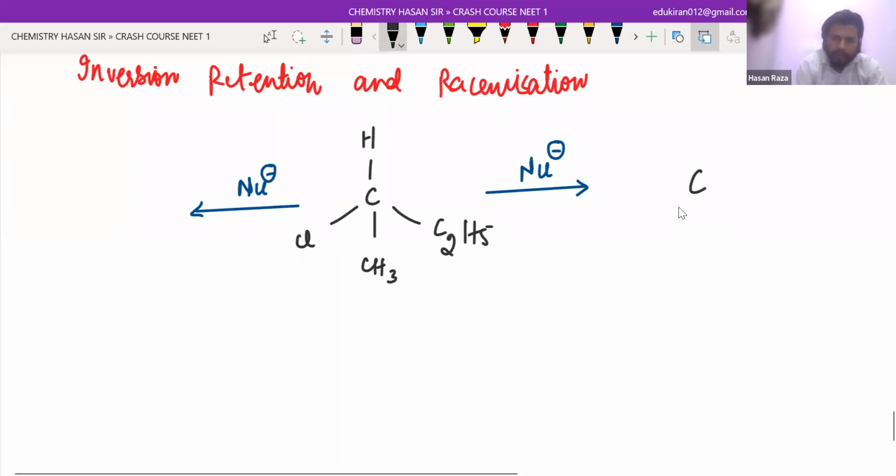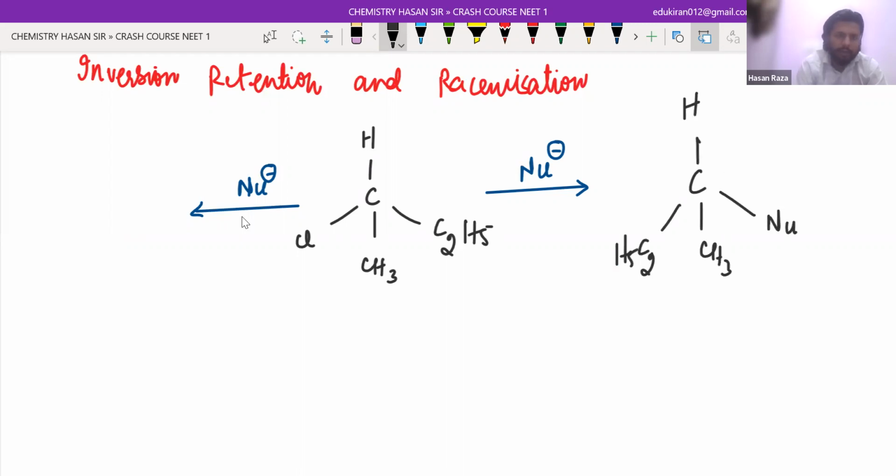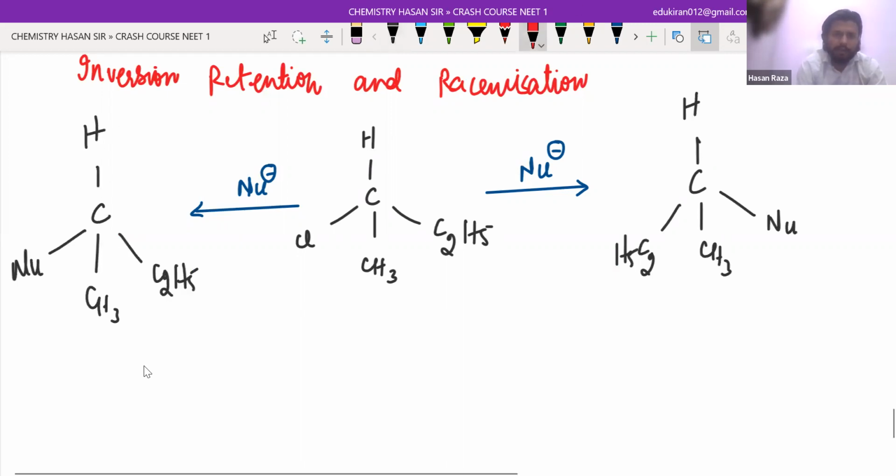Let me just write it: C2H5, then CH3, then your nucleophile, and then hydrogen. There is another probability, that is carbon, and nucleophile is here, CH3 as it is, C2H5 as it is, and hydrogen as it is. Let's say this is your A and this is your B.